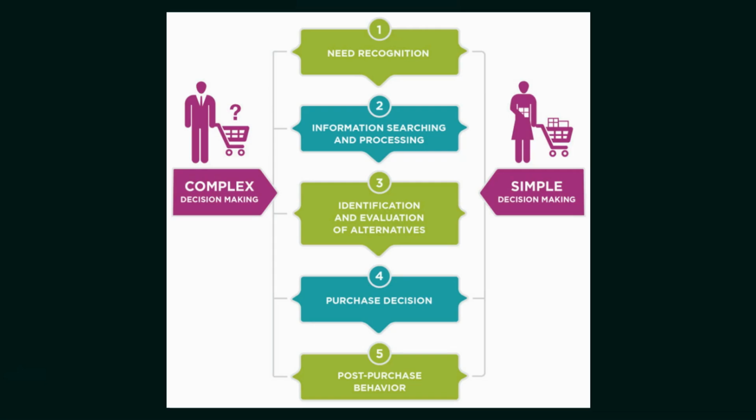Consumer decisions do not always proceed in order through all these steps. The consumer may skip steps in the process at any time or may not even make a purchase. Let's go through each of these 5 steps.